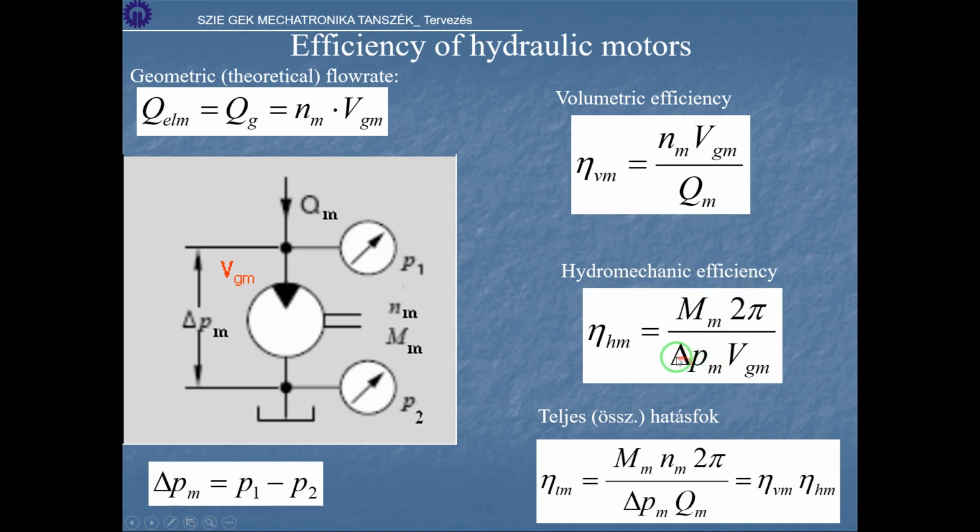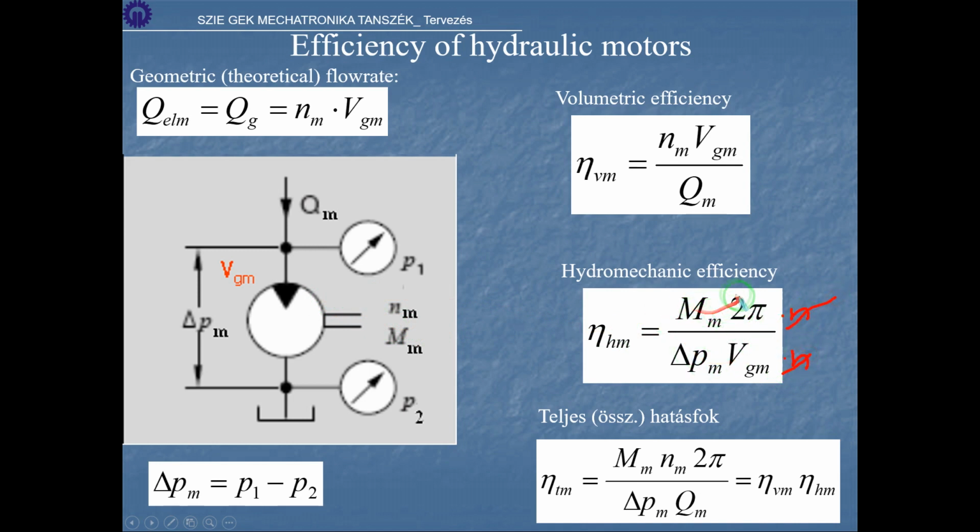The ingoing energy can be calculated with P times V, because if you remember, the hydraulic power was P times Q, and now we use the same n, the same revolutions per minute, because the revolution is the same here. On the shaft of the pump or the motor it is the same, so we can let them go.